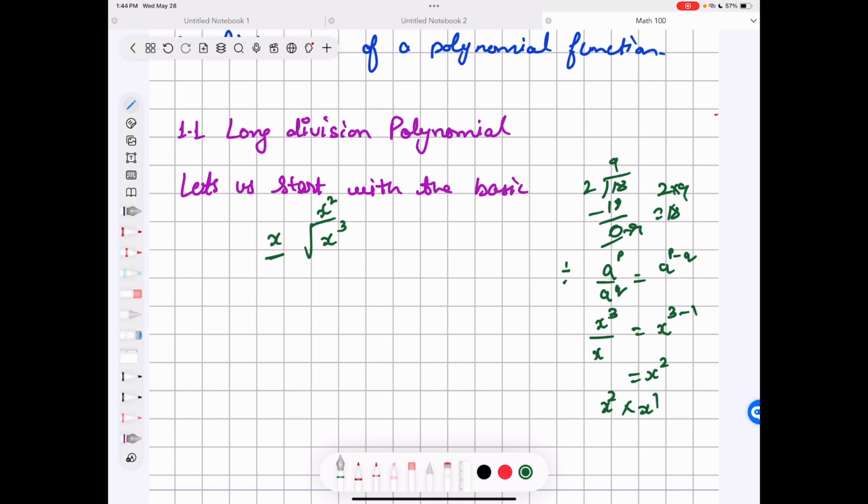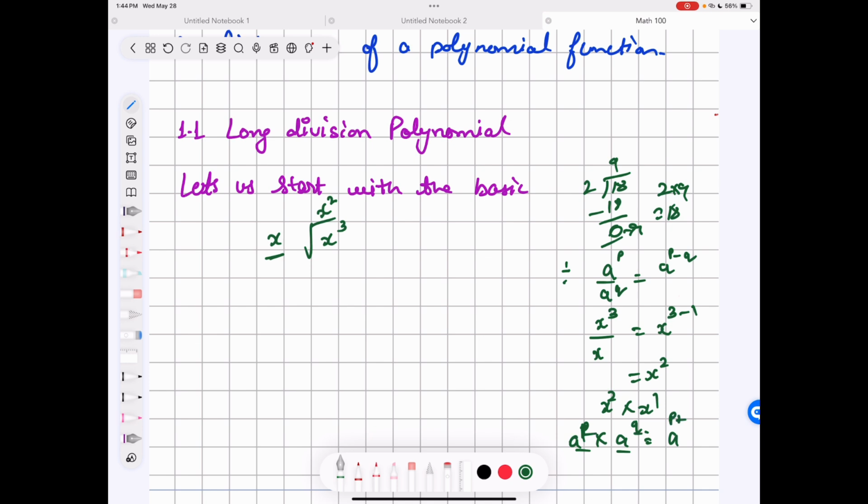Same thing again, like this we solve the dividing operation of polynomials, same as we had the multiplication operation. So it was a to the power p times a to the power q. We would multiply the a's and then we would add the power values.